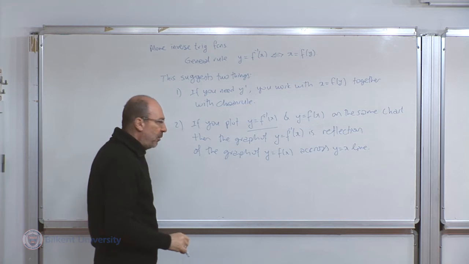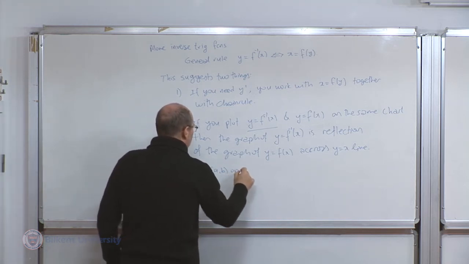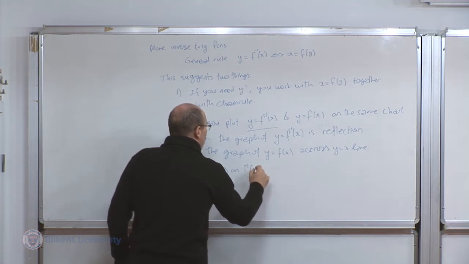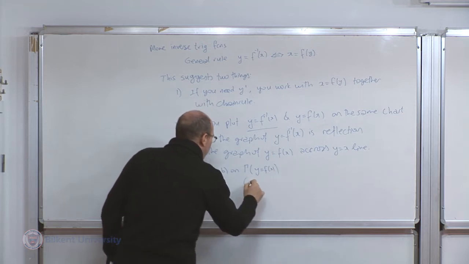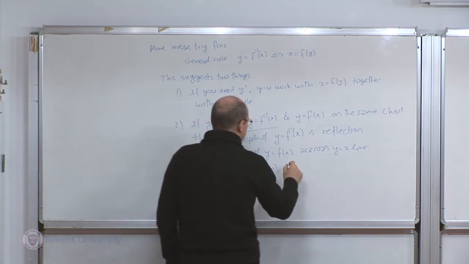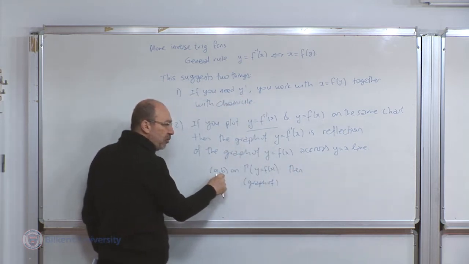So this is not magic, because if you have a point A, B on the graph of y equals f of x, then it means that f takes this number and gives you this number.